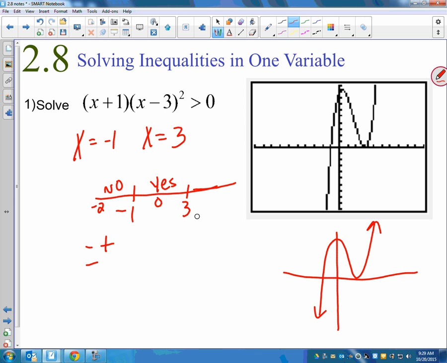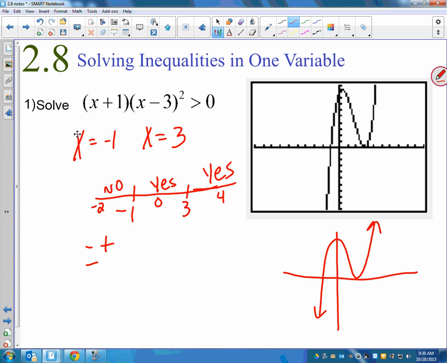And then greater than 3, what about greater than 3? Is that going to work? If I plug 4 in there? Yes? Positive, positive, yes. So notice that this graph kind of helps us see what's happening there.